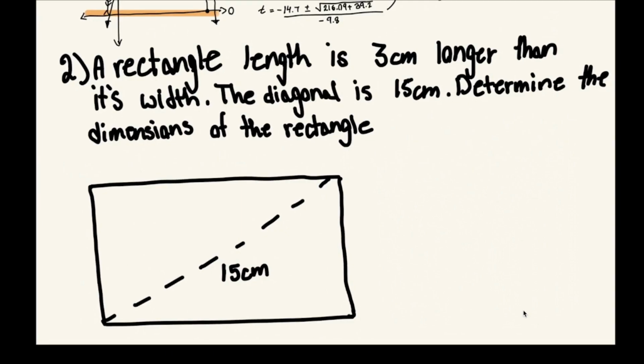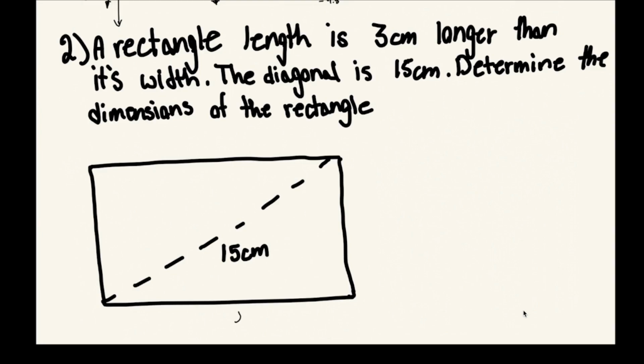So what we know is that the rectangle's length is 3 centimeters longer than the width. So we know the length is right here. I can't write cursive, so I'll just write this as length. This is the length, and we know this is the width. We know the width is an x amount or a y amount, whatever variable you choose, but we don't know the width.